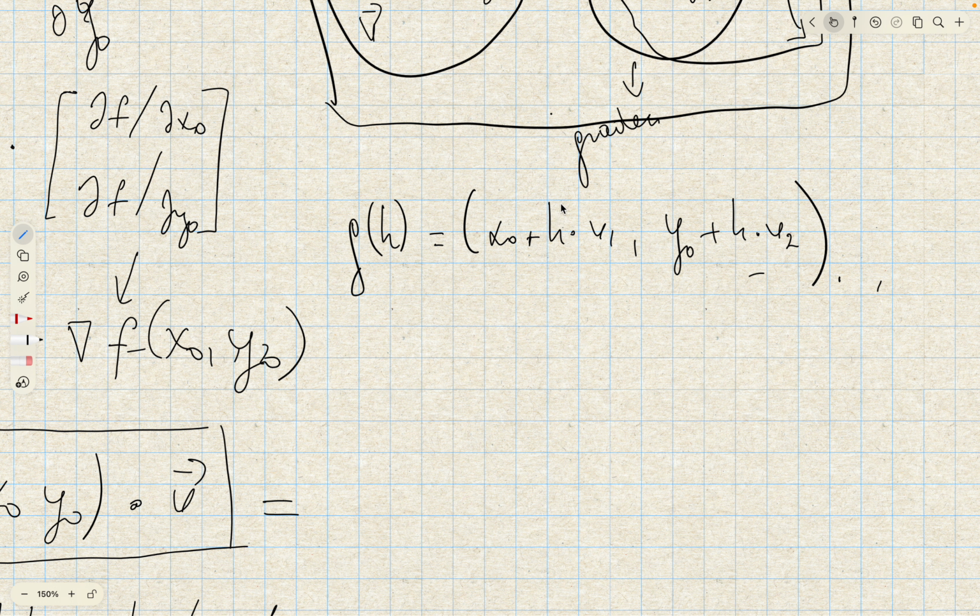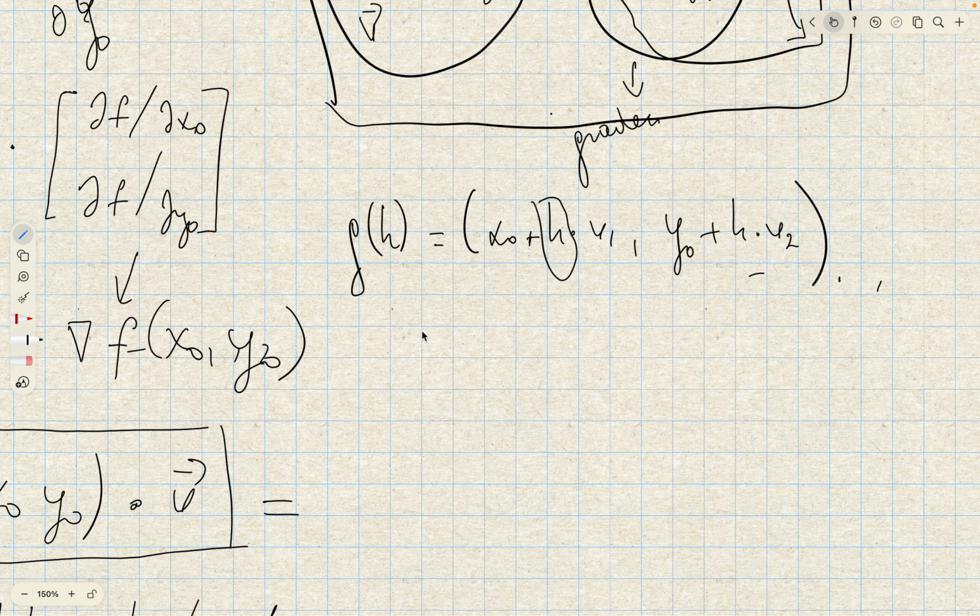Other than the variable h, everything you see here is just a constant. x0 and y0 are the initial points, and v1 and v2 are the components of the vector that don't change.